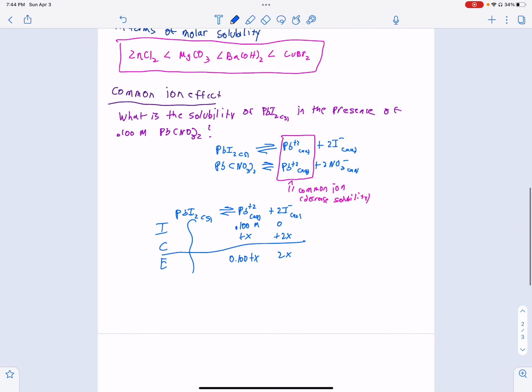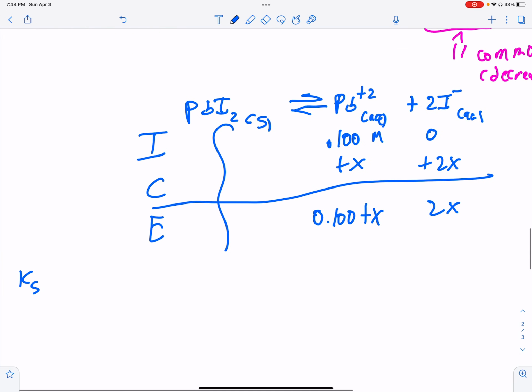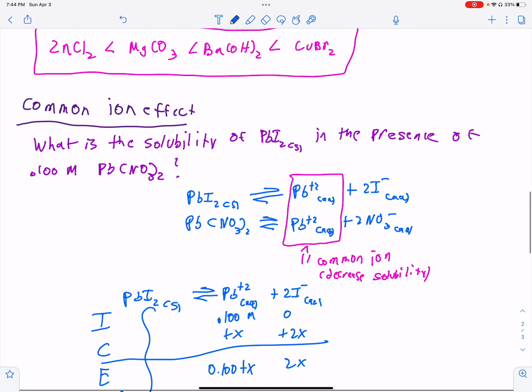So I'm running out of room here. Let's see, I'll try to fit some stuff here. So the KSP is going to be equal to the concentration of the lead times the concentration of the iodide squared. I needed to give you the KSP of the lead-2 iodide, so that's my bad.